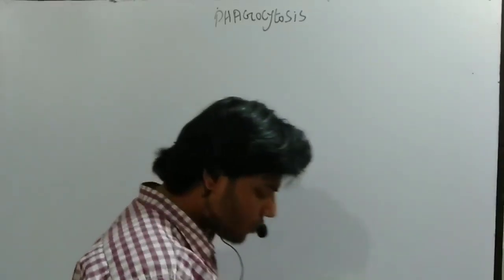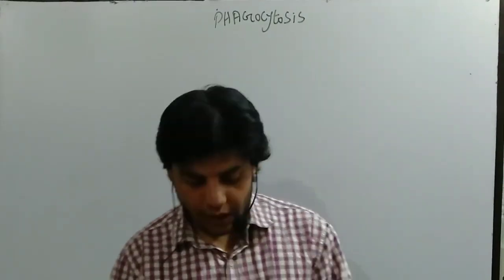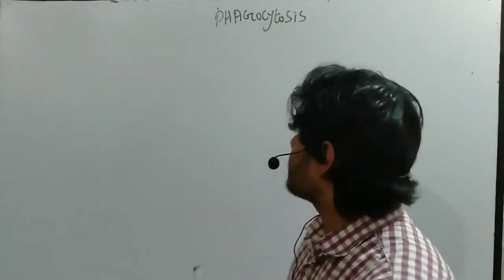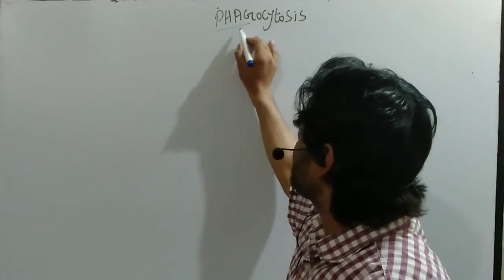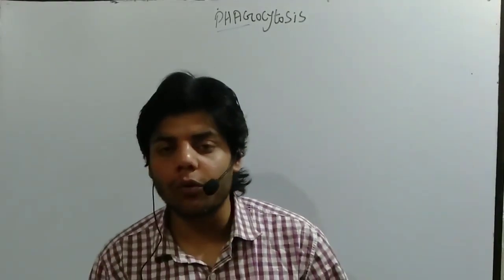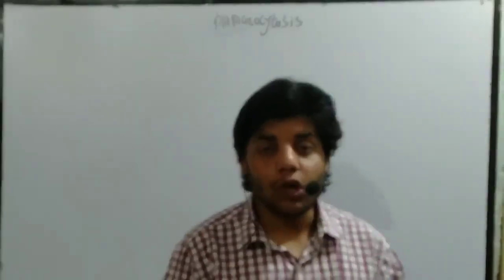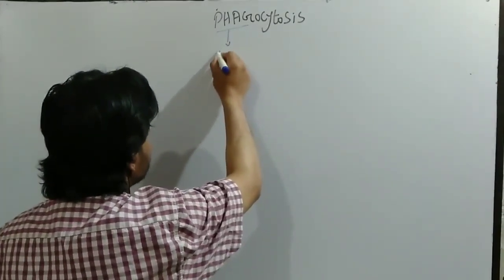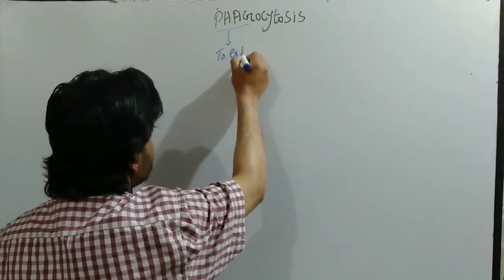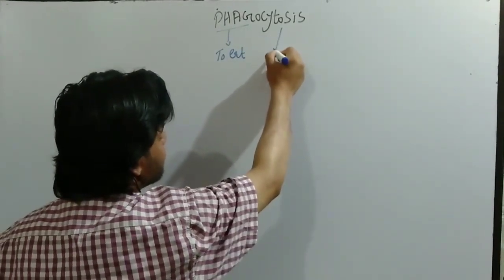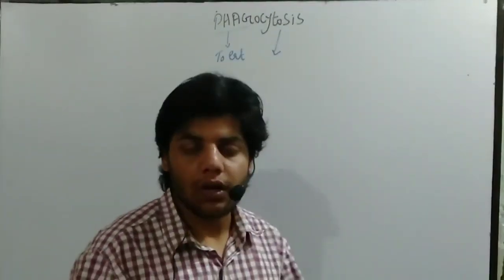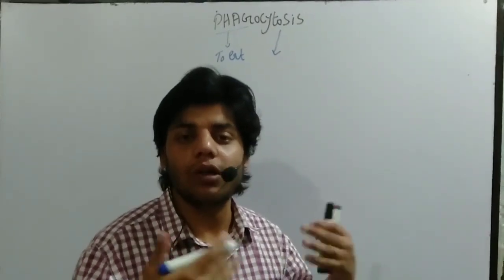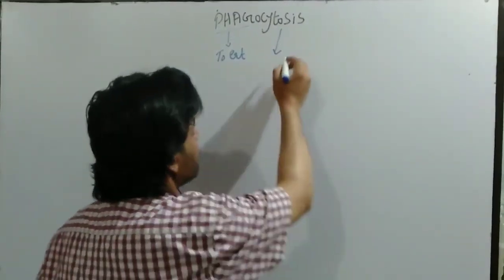Phago. So first of all, let's explain this term. As the name suggests, phago is derived from the Greek word phagein, which means to eat. And cytosis comes from cyte, which means cells.